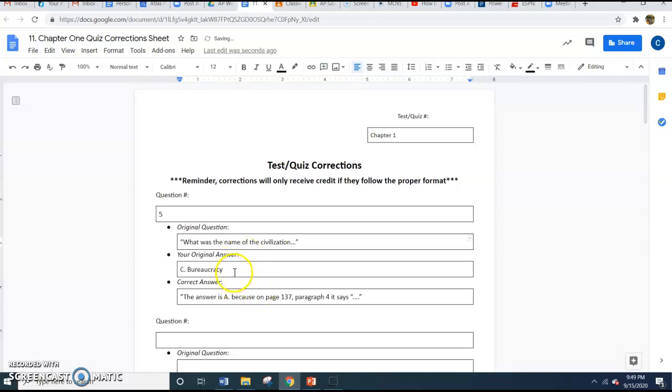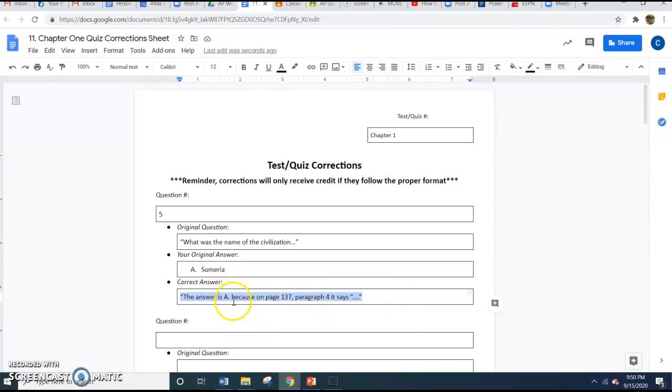You write what your answer was. Maybe you wrote A, Sumeria, and then that question was clearly wrong. So you need to prove to me what the correct answer is. And it is not enough to simply say, well, you said in the lecture, Mr. Novak, or in your notes, you had this. You need to use your textbook to go into the textbook and find what the correct answer is and prove it to me why.